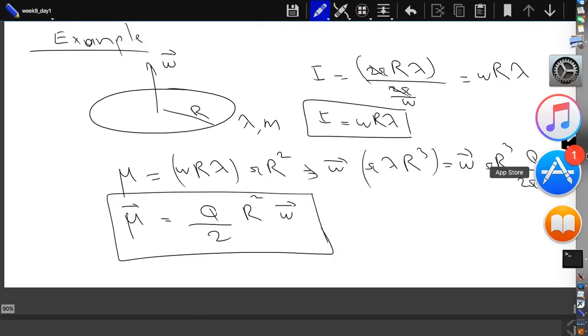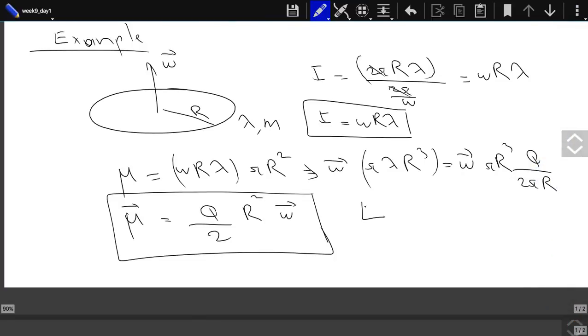Now let's see who remembers some mechanics. What is the angular momentum? Okay, r cross p, that is for a point charge. Here I don't have a point charge. It's I times omega. Well, this I is the moment of inertia, not the current.